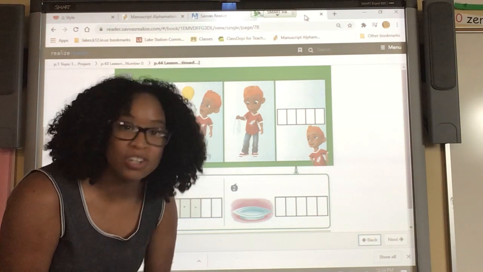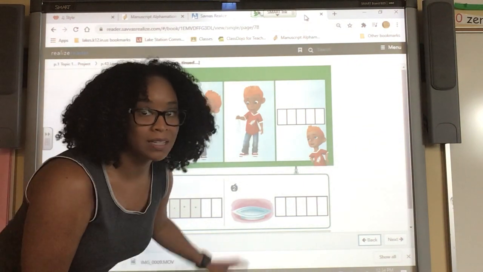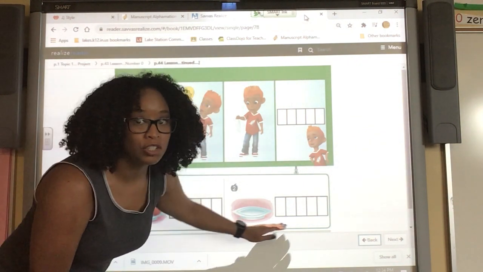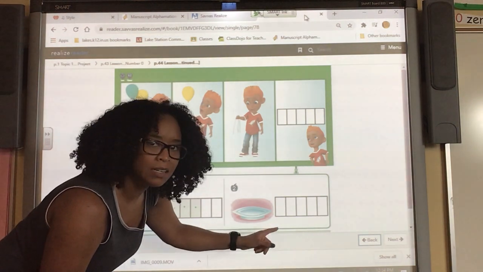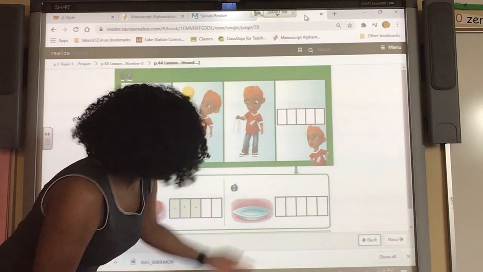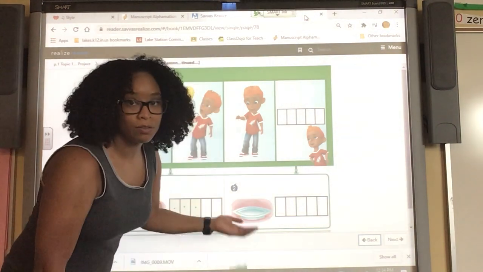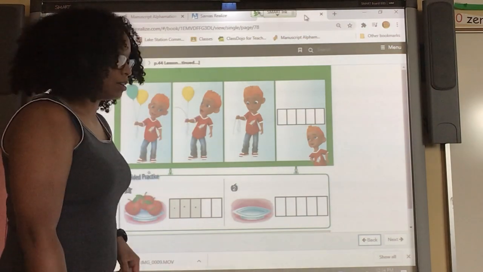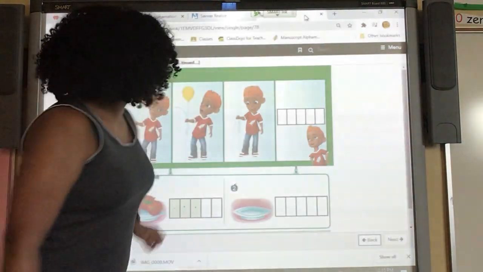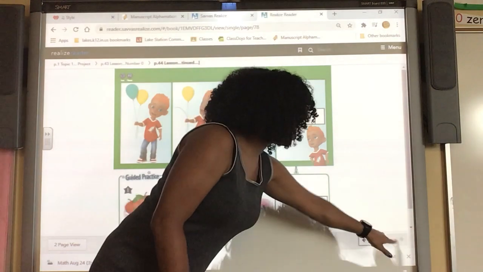No, there should be no rectangles colored in because there are 0 apples, so there should be 0 rectangles colored in. Do you see any rectangles colored in? Nope, there sure are not. So that's correct. 0 apples, 0 rectangles colored in. Turning the page.